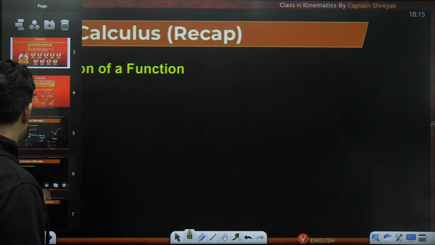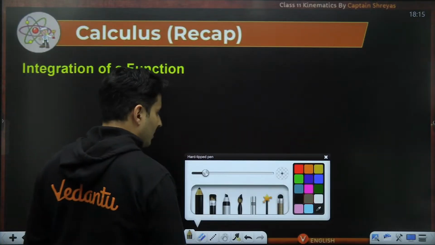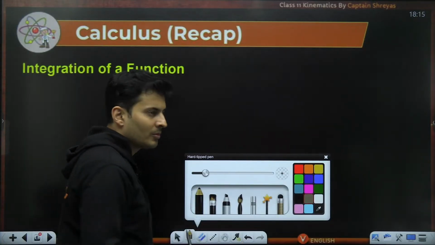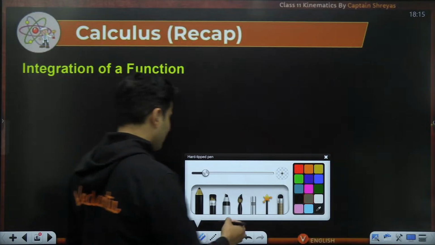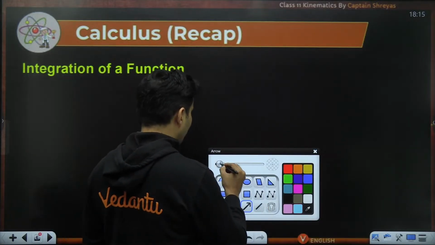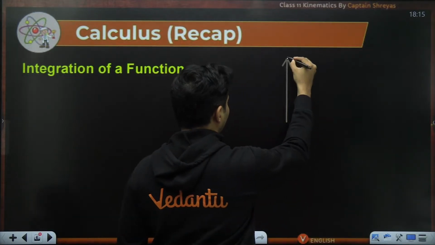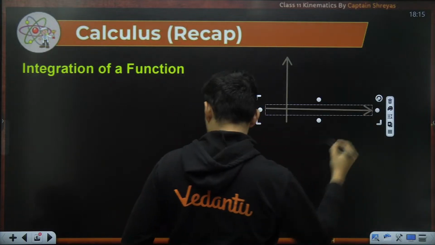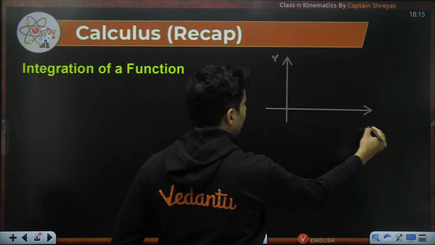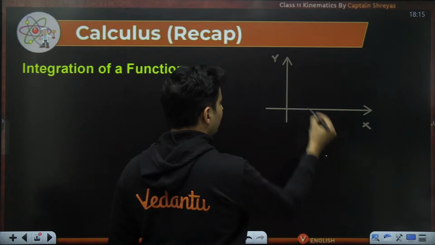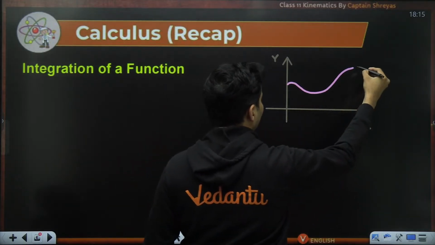Now, if you remember, integration was also used for calculating areas. So again, if you have a graph of y versus x, this is y, this is x, maybe this is some function over here.